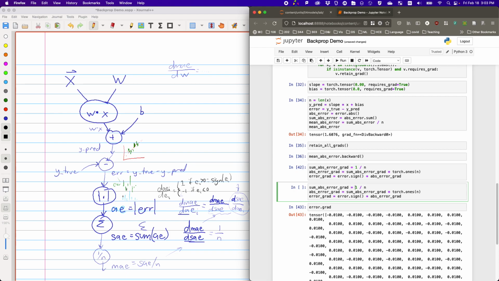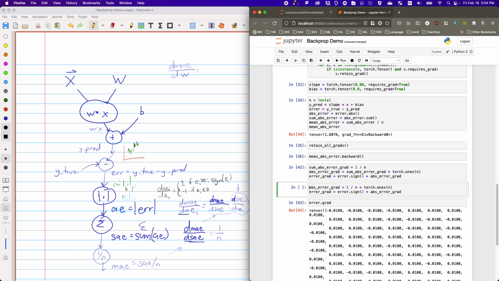Since this is just a constant, I'm going to pull it in to here. So I could say this is 1 over n. And then I don't need the 1 over n if I just pull this division out to the end. And then this simplifies even more because 1 times anything is just that. So here's our absolute error grad is 1s n over n. And then we don't need this intermediate value anymore. We're done with that. So we can move this into here.